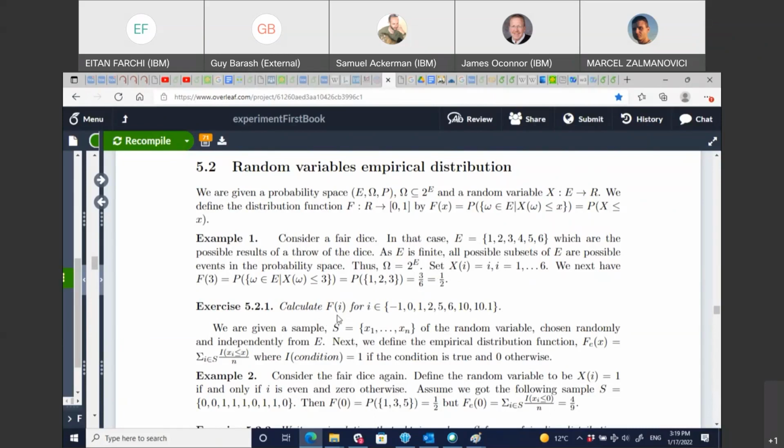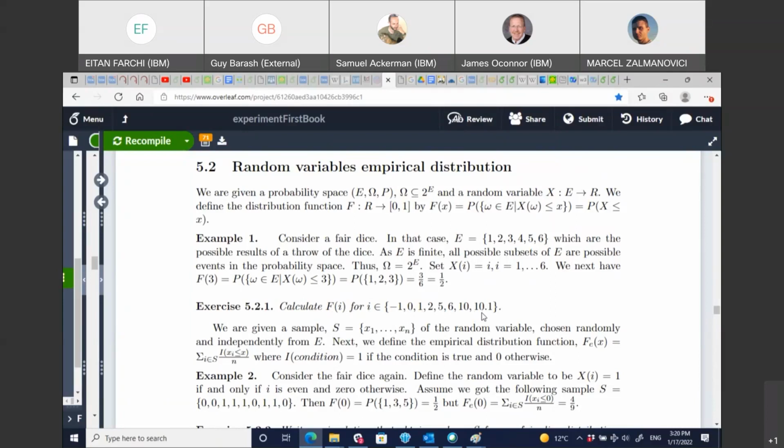What's the probability, in the case of the dice, of the random variable I've defined, the identity, having a value less than or equal to -1? Well, it's not within the set, right? So it's 0. Now, what's the value of the distribution function at 0? It's 0. Very good.